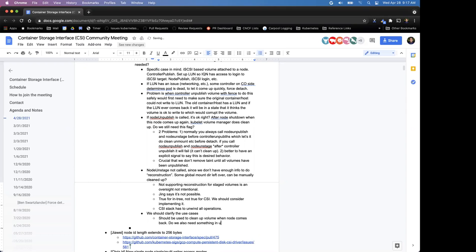Right now, node unpublished is already called, but we need to add the force flag that Ben added in his PR when we call it. Right now nothing is checked, but we will go ahead and call it anyway. I'm asking, do we need this flag in node unstage also?